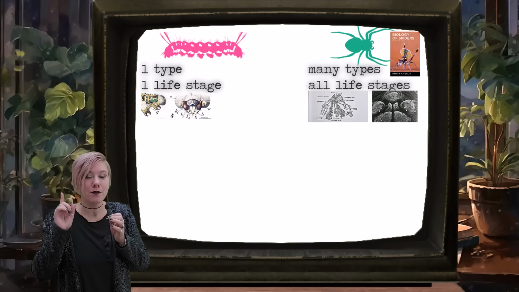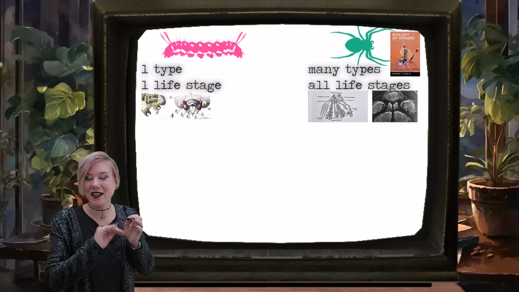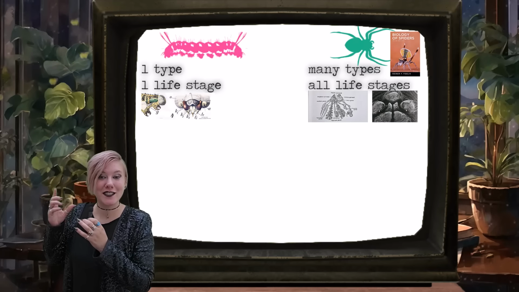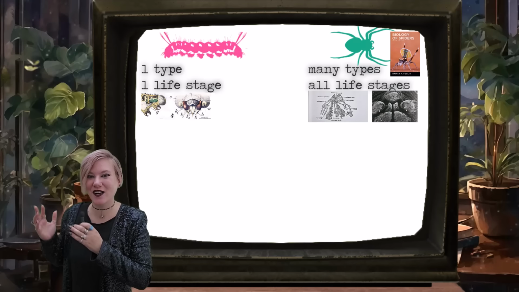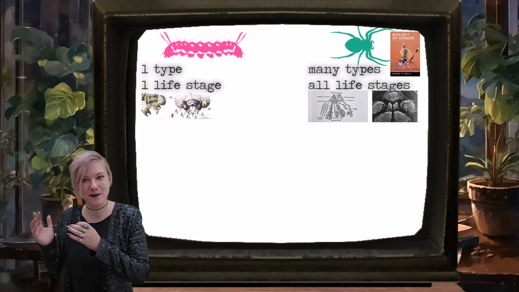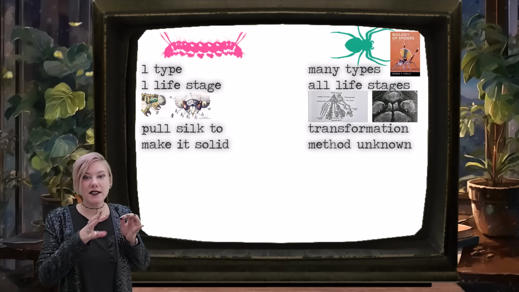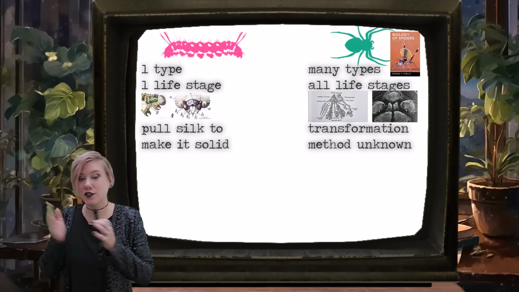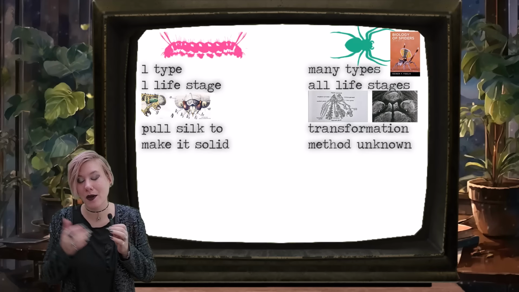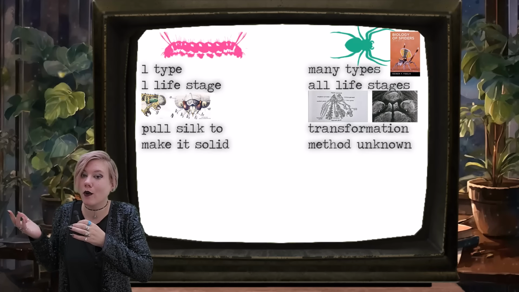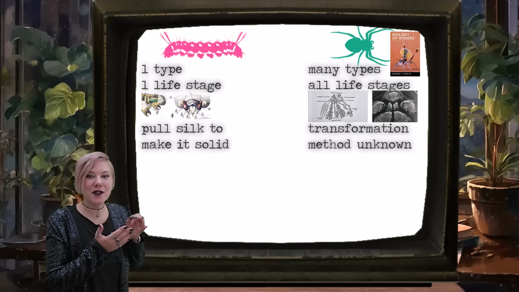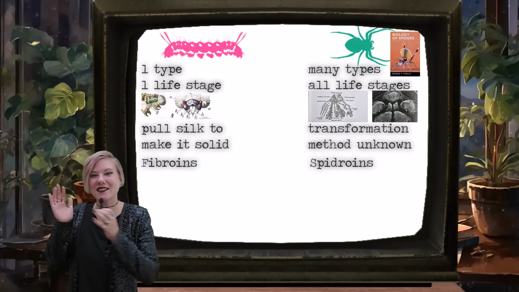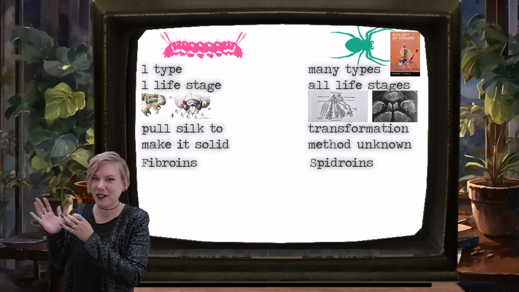There is one modified labial gland that makes the silk in caterpillars versus up to 6 different glands that can make silk in spiders. The mechanism to take silk from its liquid form to its insoluble solid form is known in caterpillars. You just tug on it, but unknown in spiders, and so probably has a different mechanism. Caterpillar silk proteins are called fibroins, and spider silk proteins are called spidroins.